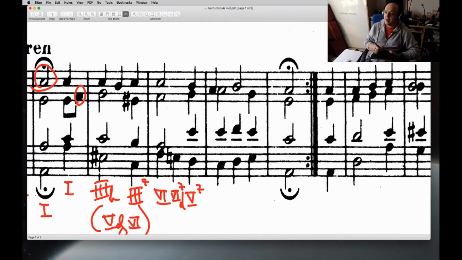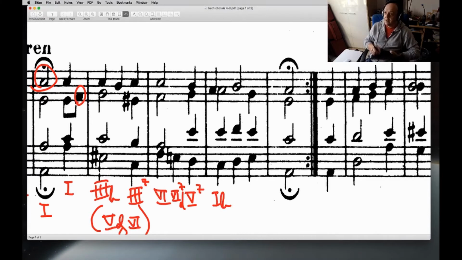And you see now that descending line has gathered momentum and it's behaving as expected. Again, that 7th in the bass behaves as you expect it to behave. It goes to become the 3rd of the next chord, chord 1 in 1st inversion there.